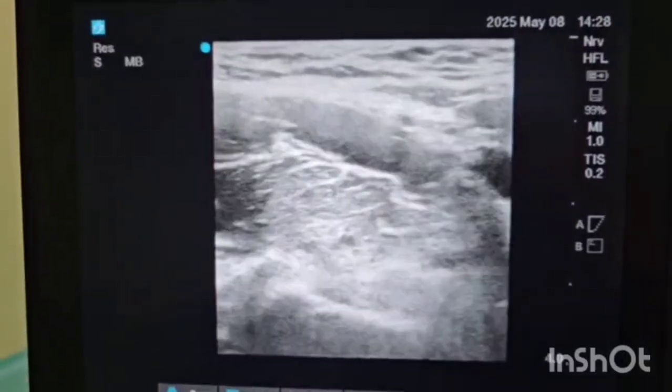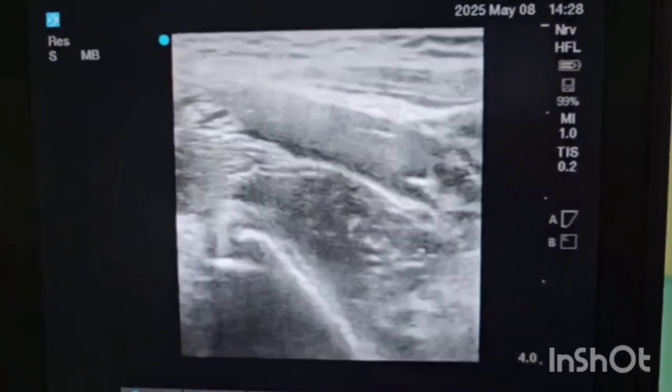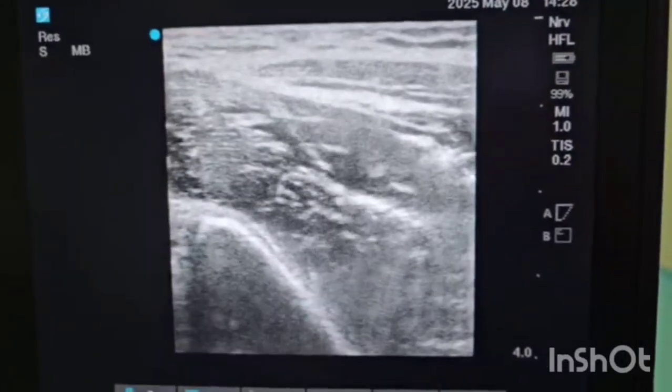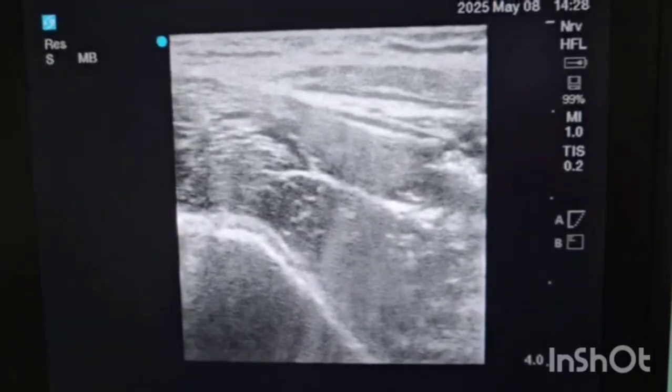You can see the drug spread along the fascia iliaca and being deposited around the femoral nerve.